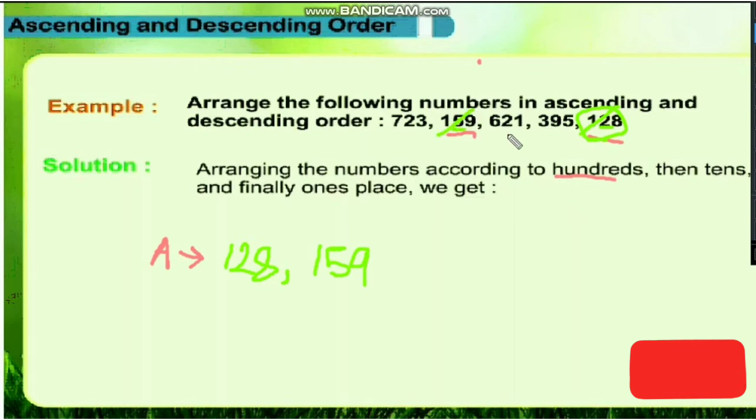Now after that 3 numbers are remaining. In these 3 numbers, which number is smallest? Here 700, here 600 and here 300. Now which number is small? Tell me. Obviously 300 is small.